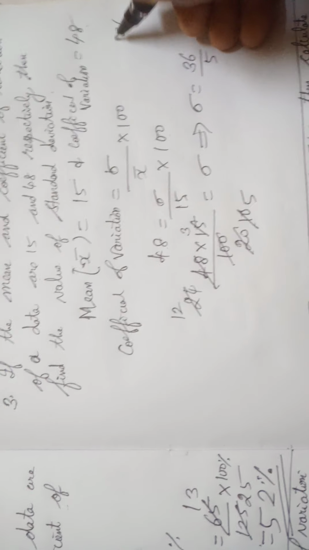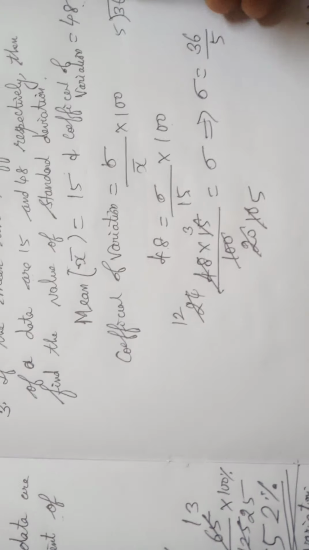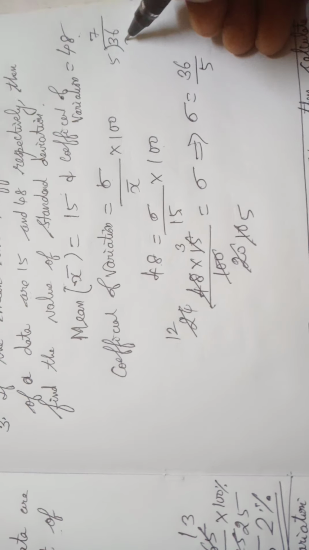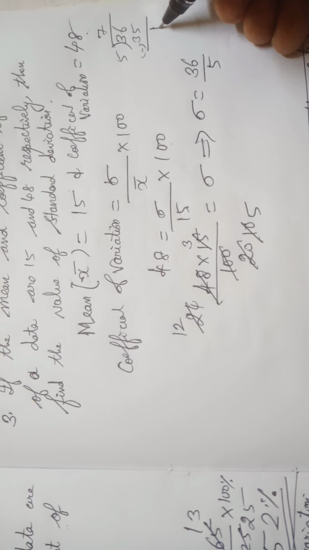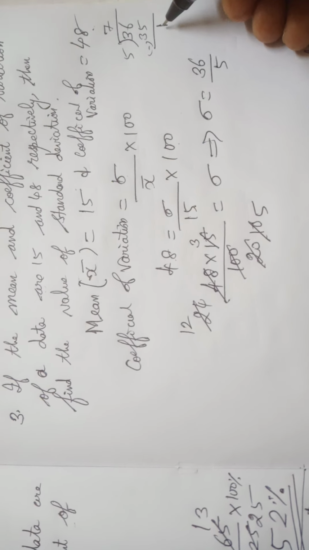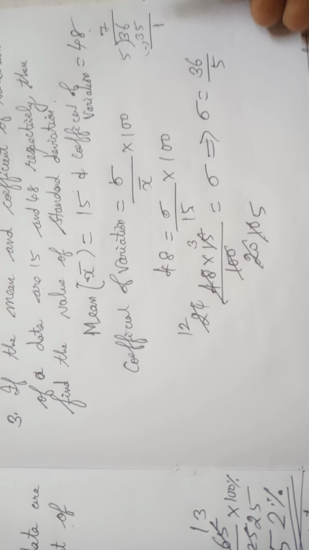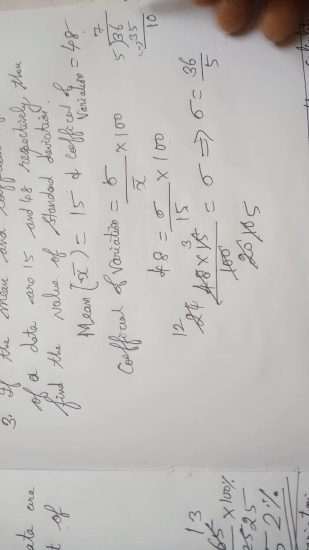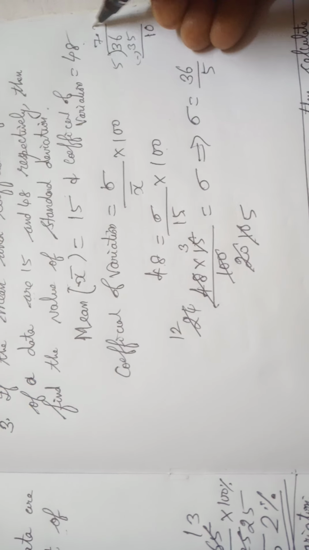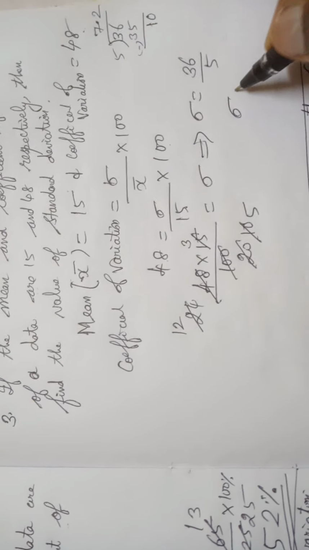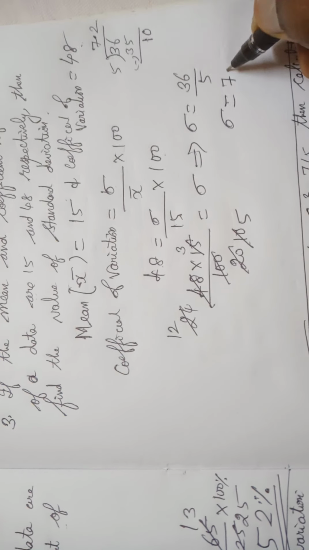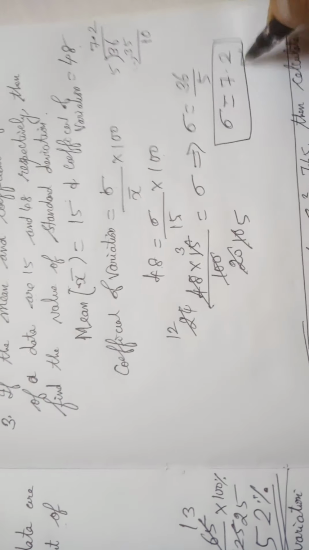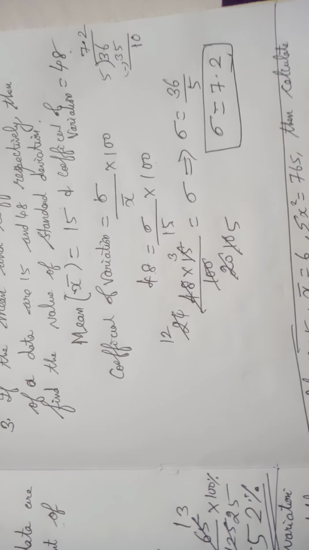We need to divide and see. 7 5s are 35. Balance 6 minus 5, 1. Now we can't divide 1 by 5, so we need to put 0 here, decimal. 2 5s are 10. So standard deviation is 7.2. This is the answer.